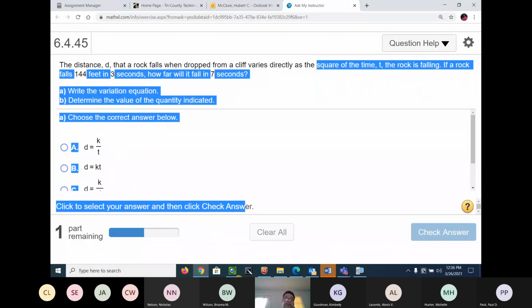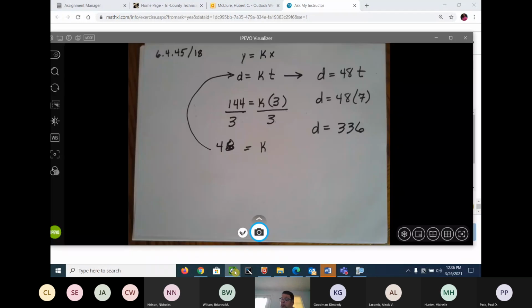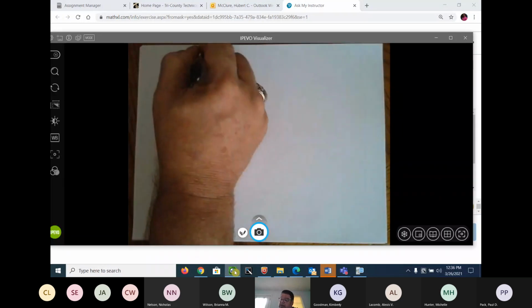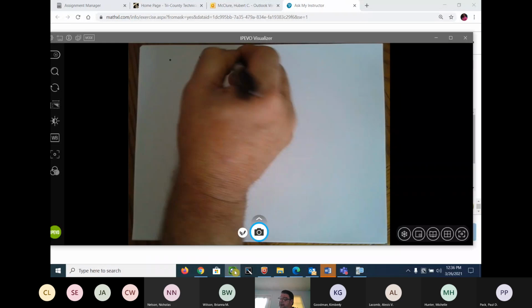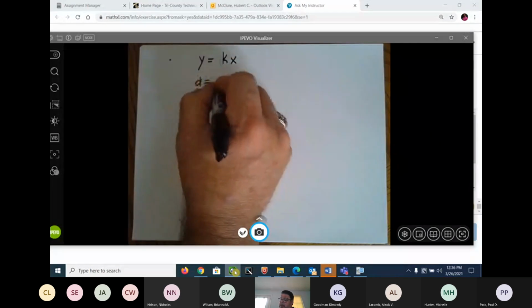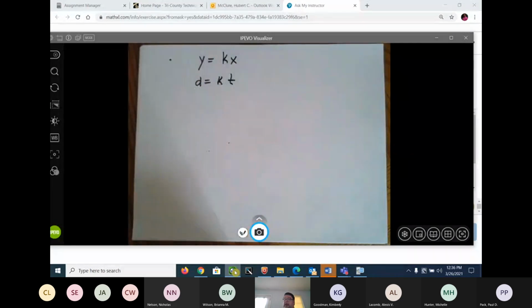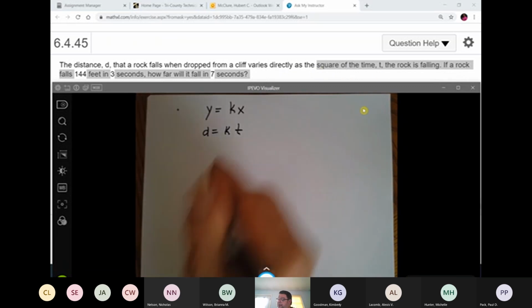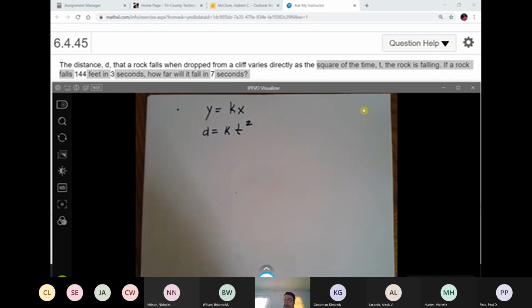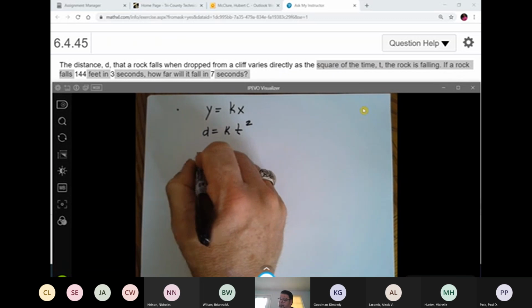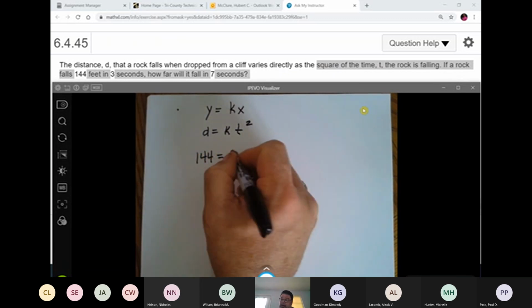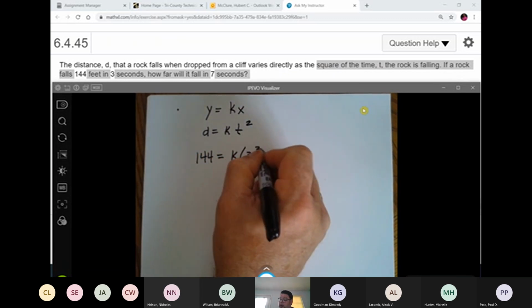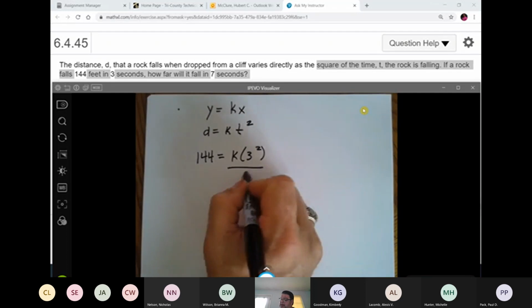Our Y is equal to KX. D is equal to K times T. And they said in the question, I'm just doing the problem now. I did a different problem a while ago. It says the square of T. There we go. And 144 is equal to K times 3 squared, which is 9.